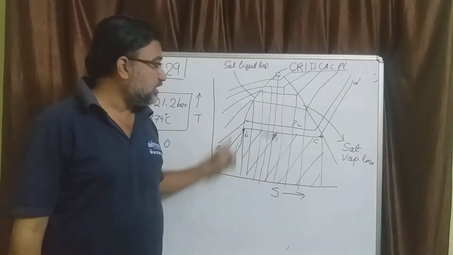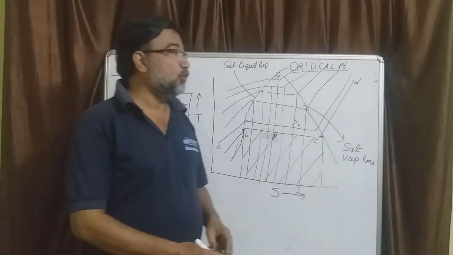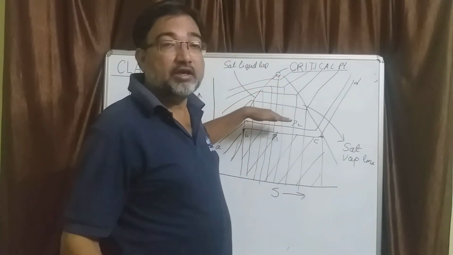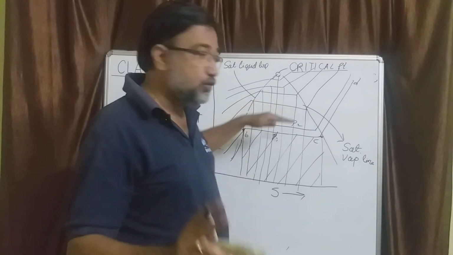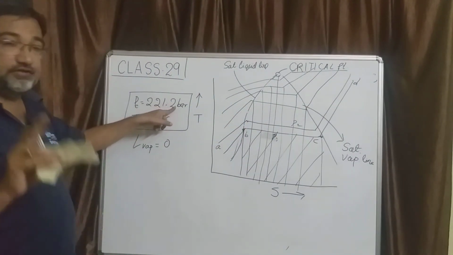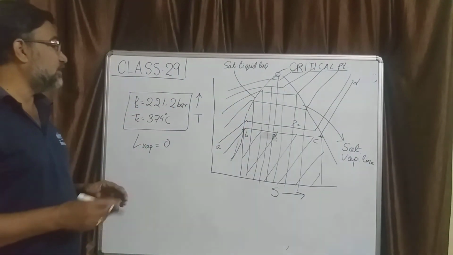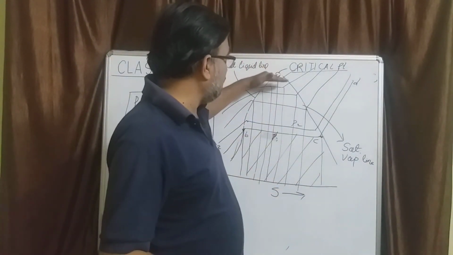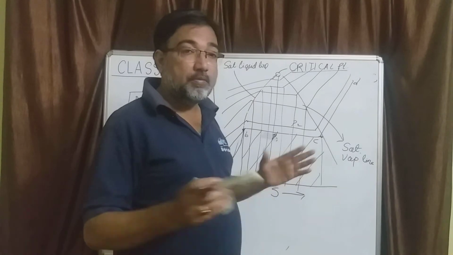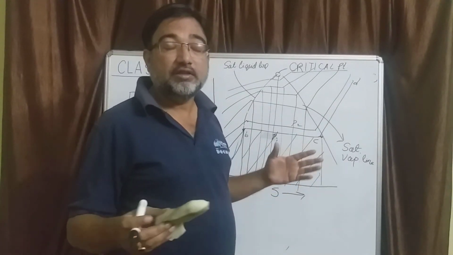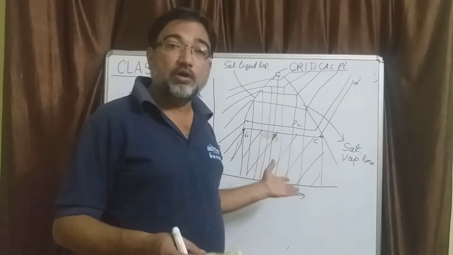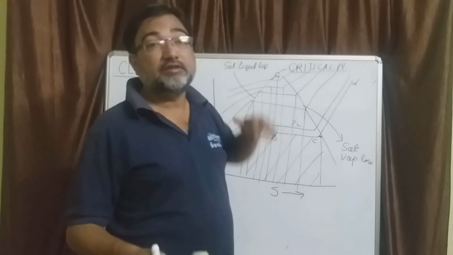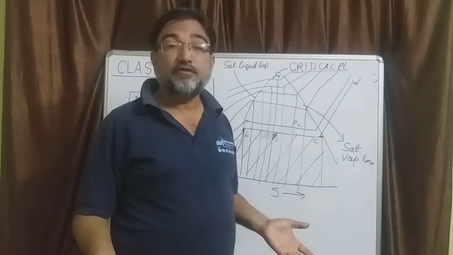So you have to understand this and the significance of critical point. Critical point represents a pressure value 221.2 bar, which is very high pressure, and 374 degrees centigrade, which is also very high temperature. Below this pressure and temperature, there is a distinction of liquid phase, transition phase and vapor phase. But above that, there is no meaning of any phase.